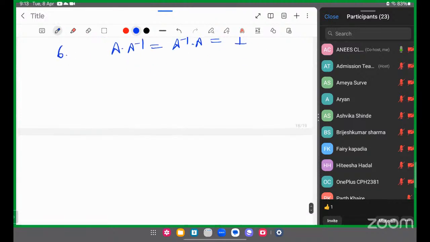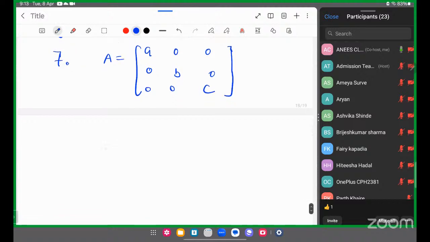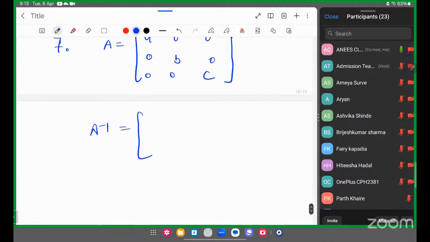Next point is number 7. If we have a matrix A, which is a diagonal matrix, a 0 0, 0 b 0, 0 0 c, this is a diagonal matrix of 3 by 3 order, and you have to find A inverse. In this case, A inverse will be the inverse of the diagonal elements.